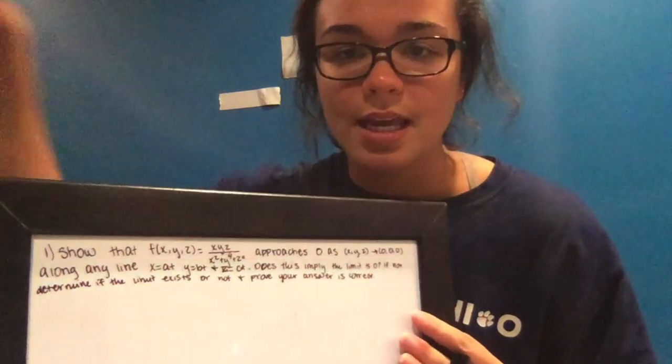So how we're going to start this off today, I have my little handy dandy whiteboard here, and I have the problem written up. First we're going to analyze the lines x equals at, y equals bt, and z equals ct.